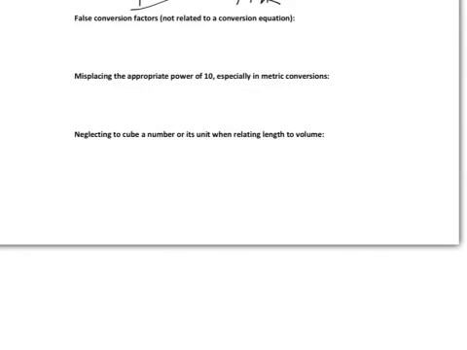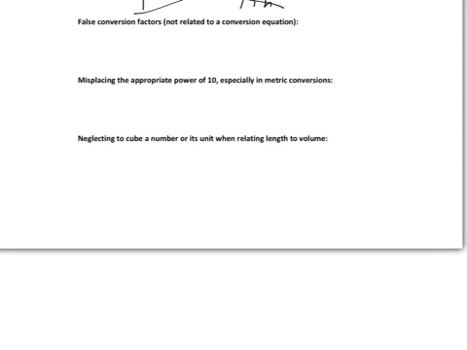So, for example, maybe in the problem somewhere they mention the quantity 5 inches, and for some reason a student will want to do something like this, and they'll write 5 inches over 1 centimeter, which is wrong.